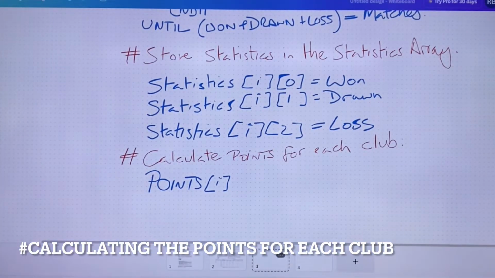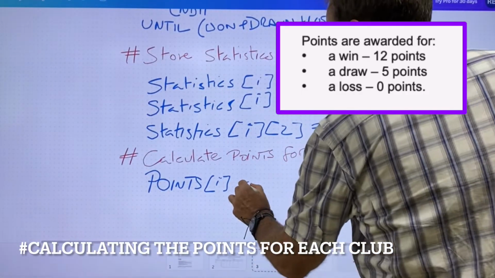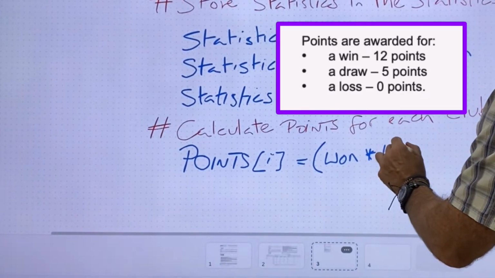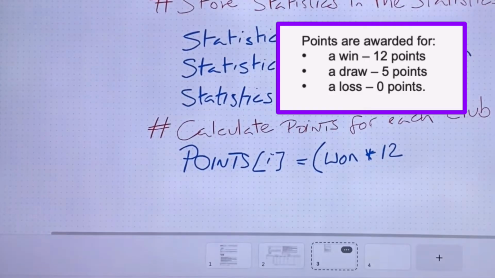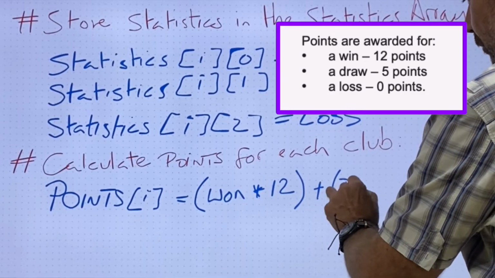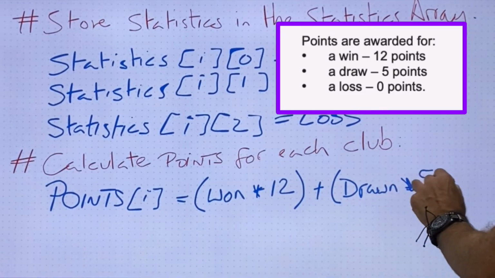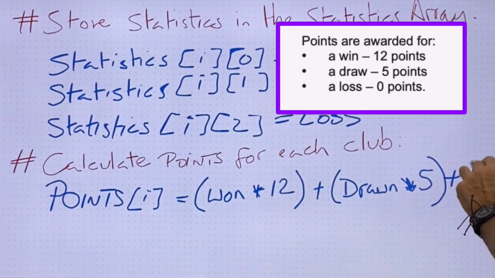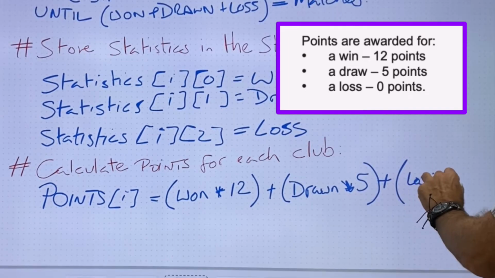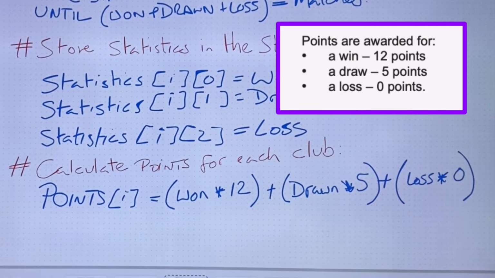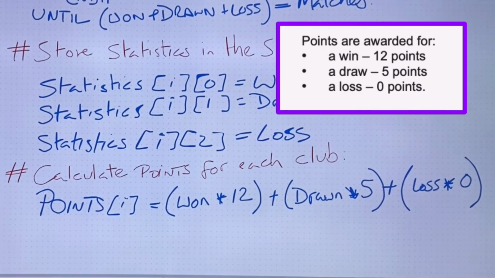Keep referring to the index values. This equals 1 times 12, because there's 12 different potentials for win, plus drawn times 5, plus loss times 0. I'll calculate the total number of points.